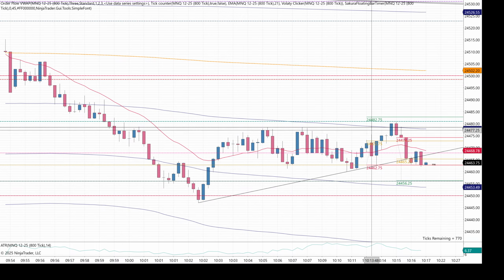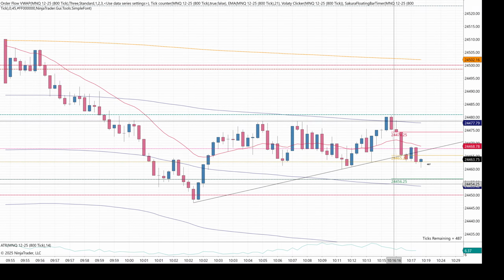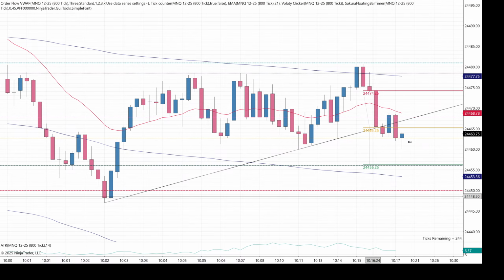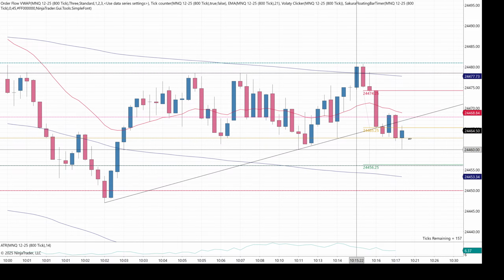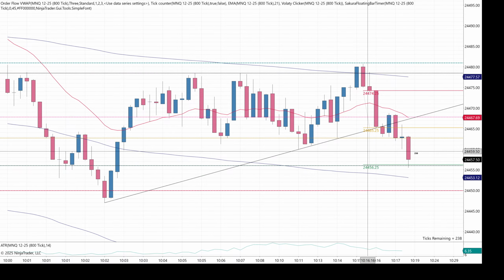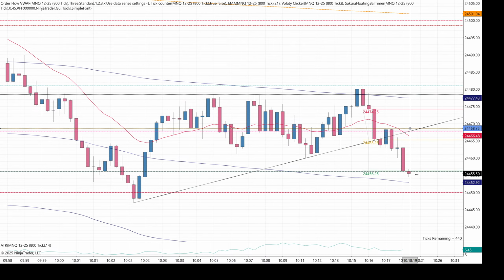Okay, the bullish trade got stopped out. The golden ruler is holding right now, but there we go. Bearish trade worked. Keep track of the runner.